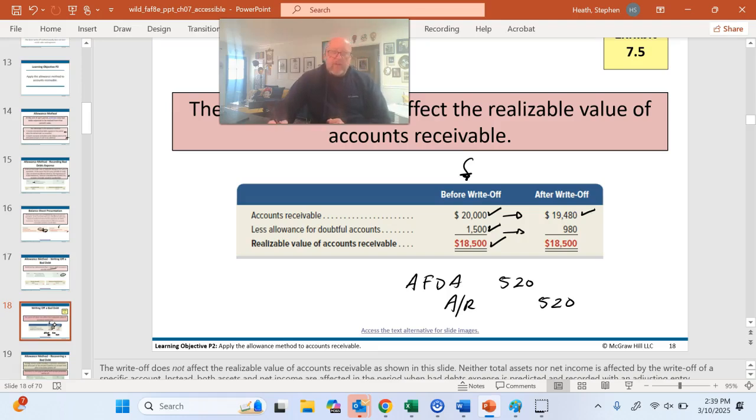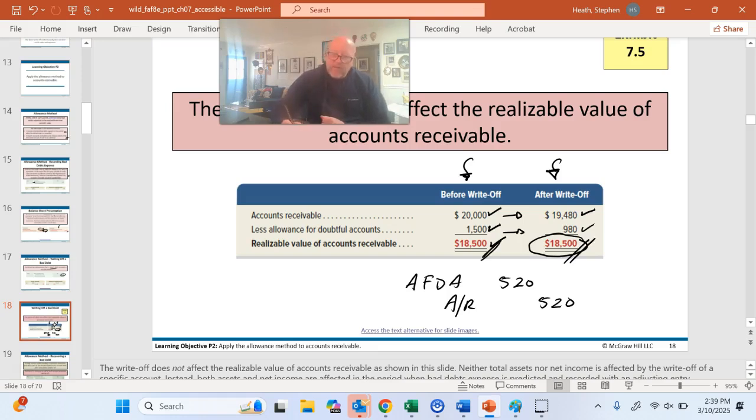The original 20,000 minus 520 gives us 19,480 in the accounts receivable bucket. We initially had 1,500 in the allowance for doubtful accounts. We reduced that by 520. Now we've only got 980 in there. This is the important thing I wanted to point out. After the write-off, it's still the case that we anticipate collecting 18,500.